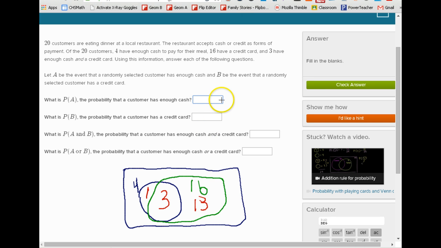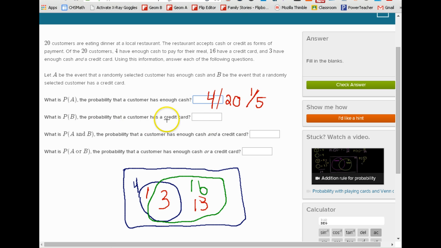So the probability that the customer has enough cash. Well, cash is 4 over 20, which reduces to 1 over 5.